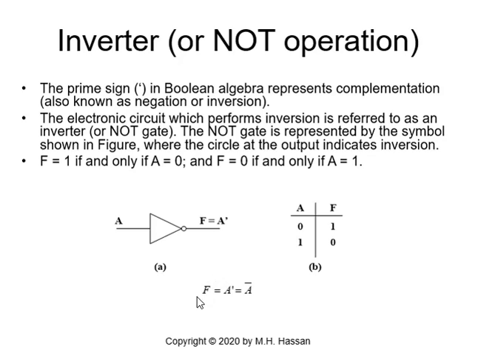As a logical equation, we say F equals A prime, A bar. So the complementation, negation, or inversion can be represented by the prime sign or by a bar on top.